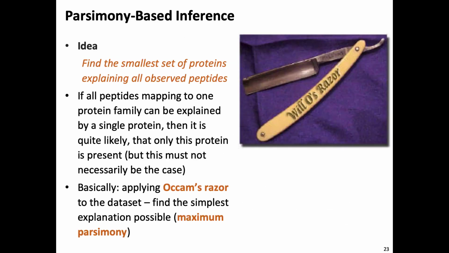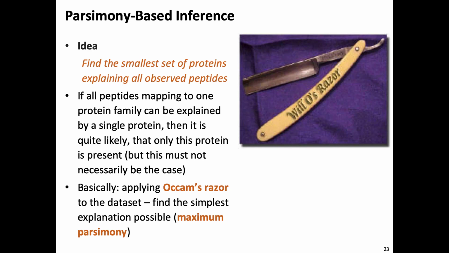There's a very simple idea to deal with that, and that's Occam's razor. You might have heard of that. It's a concept from philosophy. Basically, find the smallest set of proteins explaining all observed peptides. I'm not saying that this is the right way to do it, but it's the most obvious way to do it.